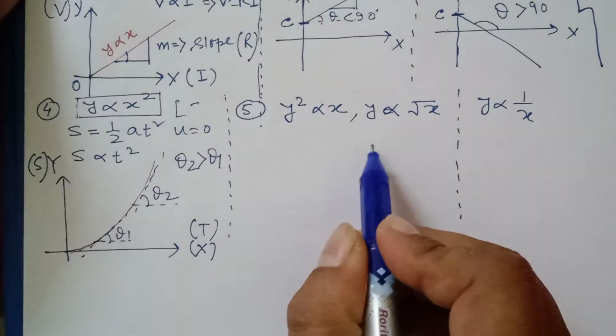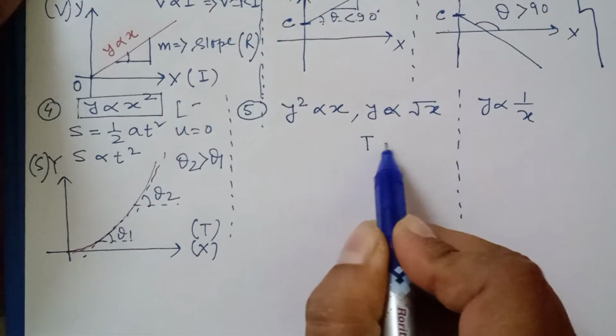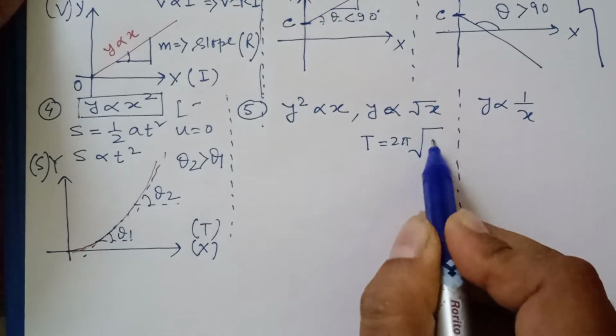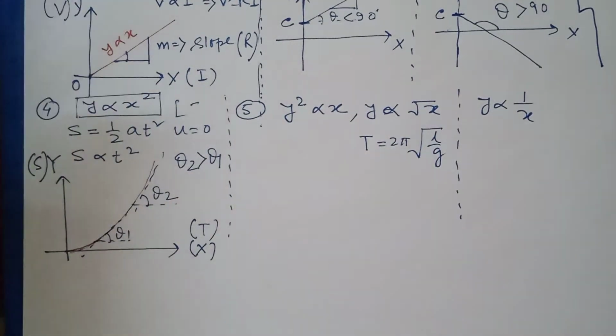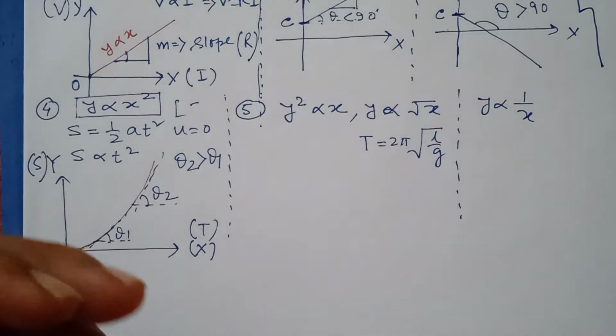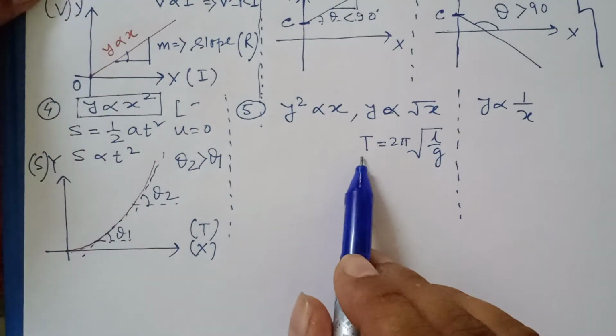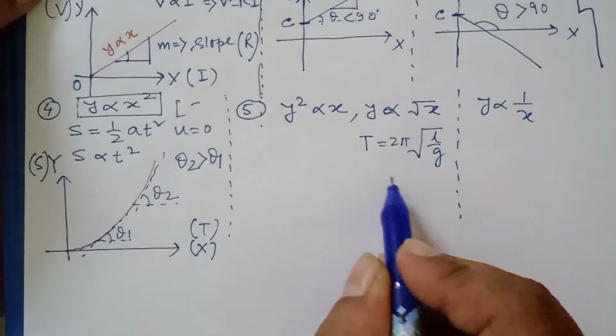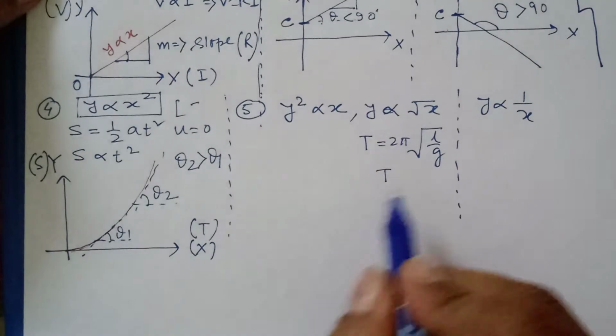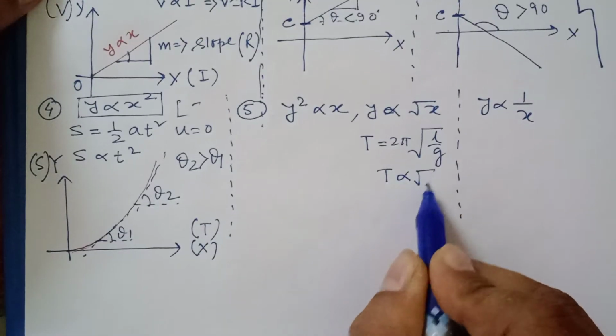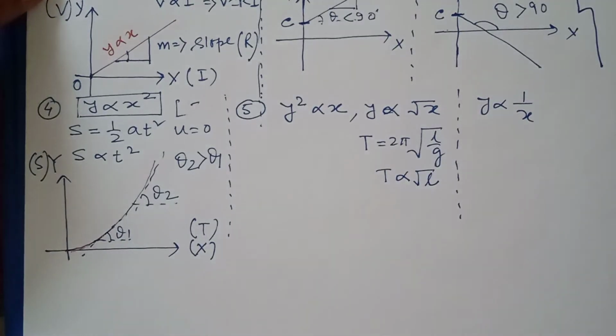This type of relation you can see in the time period of a simple pendulum, T equal to 2 pi root over L by g. Every time I will compare with some real equations where you can use this type of equation in real life.